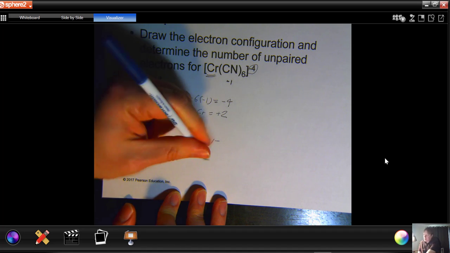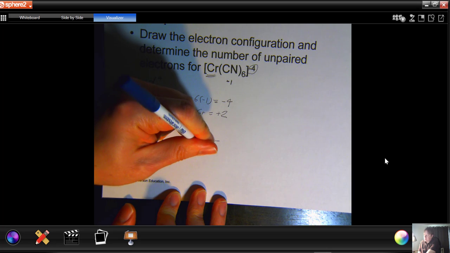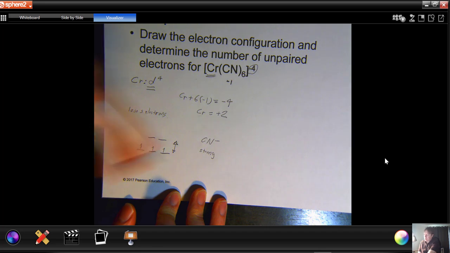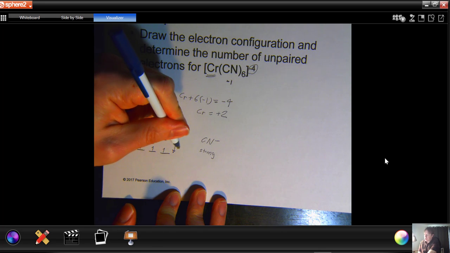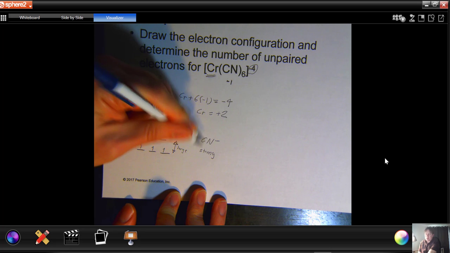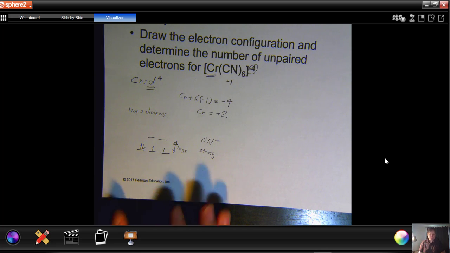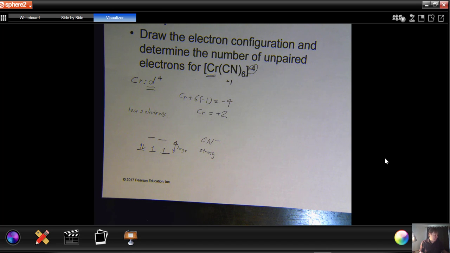Cyanide is strong. It is a strong ligand. So it's going to make this gap large. Okay, the gap is large because we have a strong ligand. Because the gap is large, that electron is going to go right there. So that is the electron configuration for this complex ion.